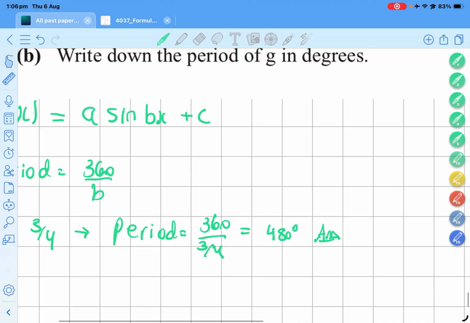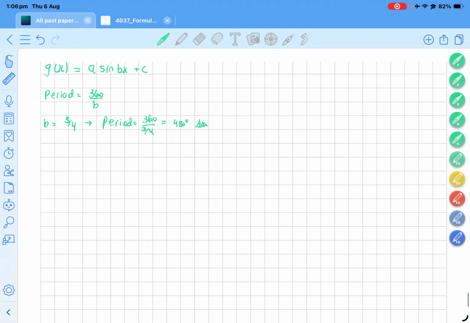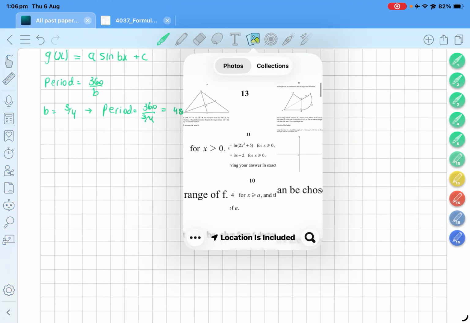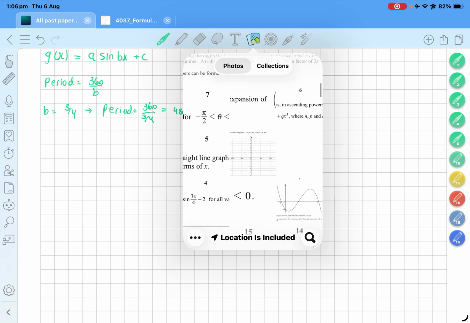If you had to find the period in radians, then 360 would just be 2 pi. For 480 you can find out whatever that is in pi. I think it's like 8 by 3 pi, something like that.